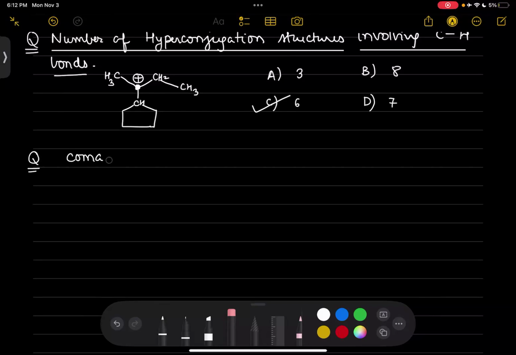Compare the stabilities of the following free radicals. What are free radicals?